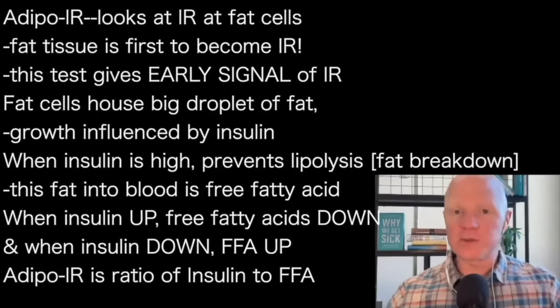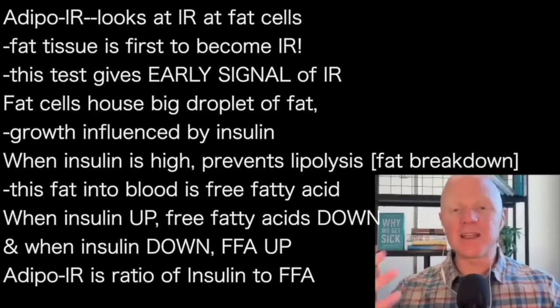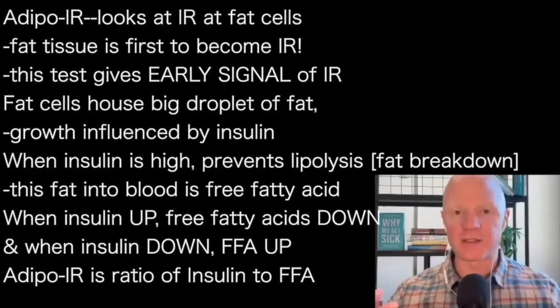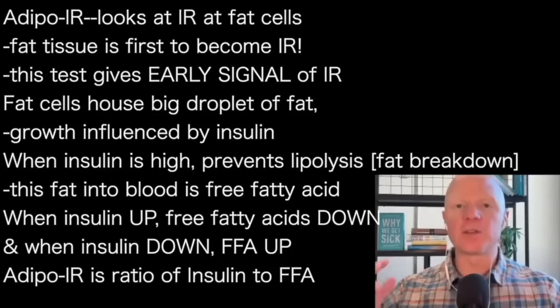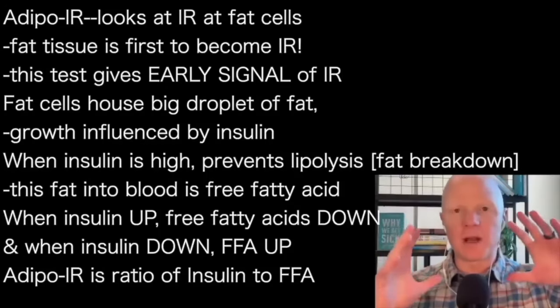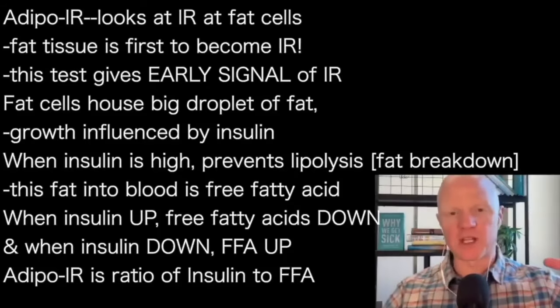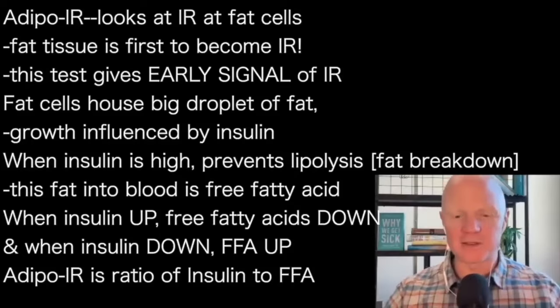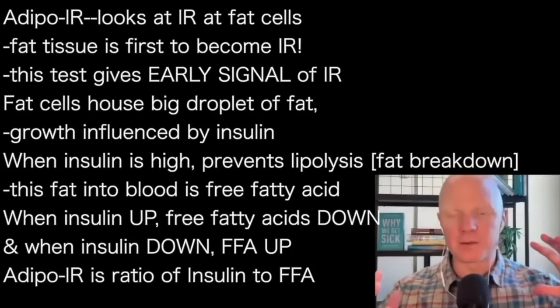Now, something that's so interesting about this is the elegance of the biochemistry of what's happening at the fat cell, or the biology of the fat cell. We know that fat cells house a big droplet, I mean, microscopically big, but big by cell standards, a big bubble of fat, if you will.